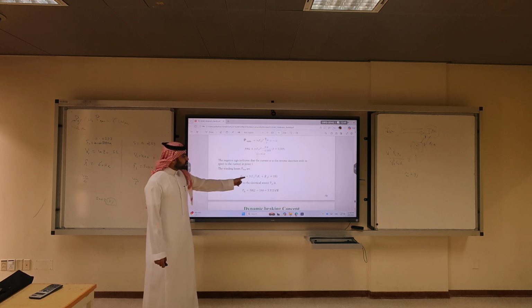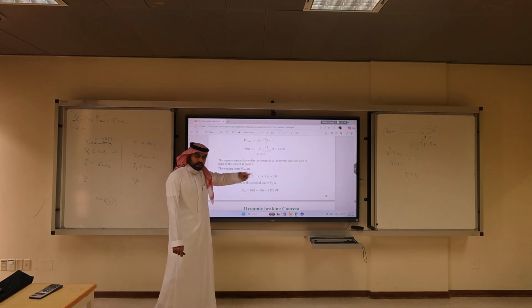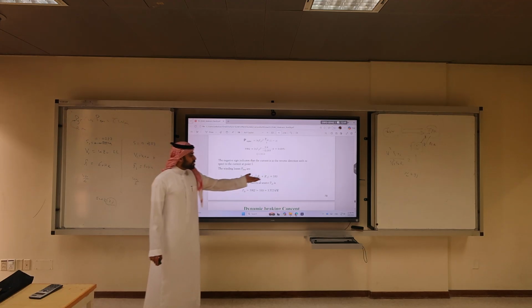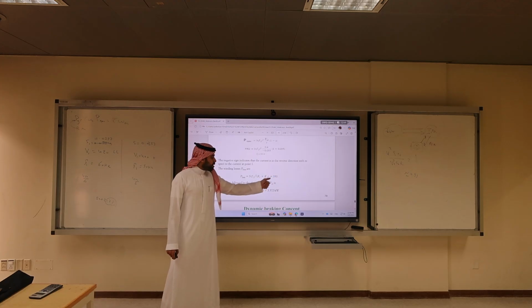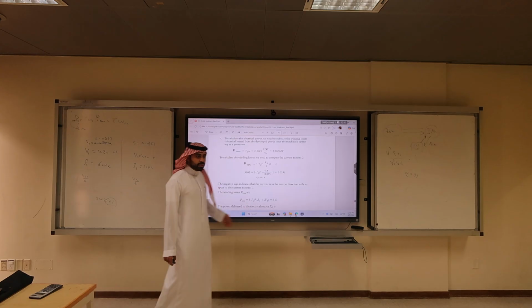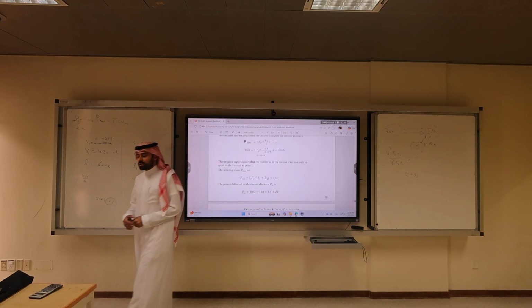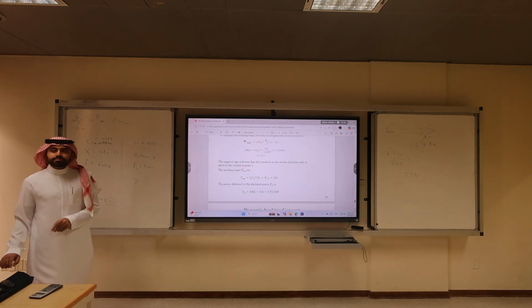Then power losses is 3 I2 squared times R1 plus R2. You sum all the R's in the equivalent circuit, which is 330 watt. You subtract 330 from 3902, and this is the power that is delivered to your battery during the regenerative braking.